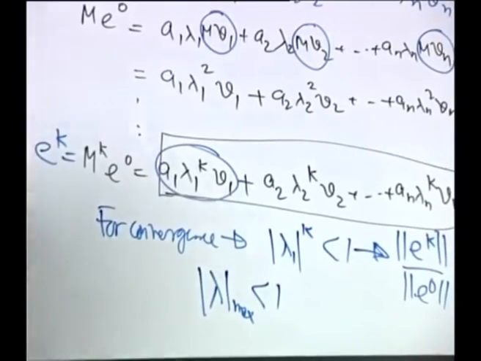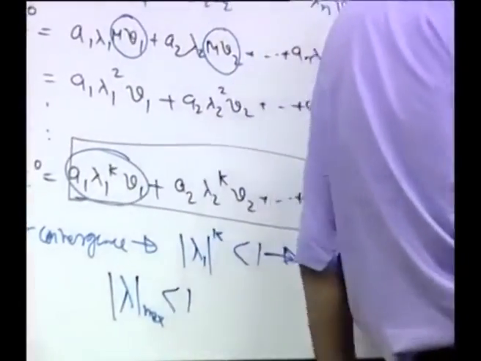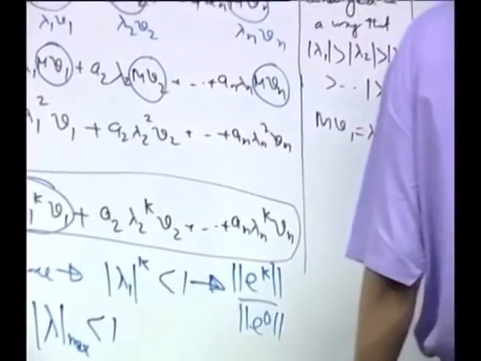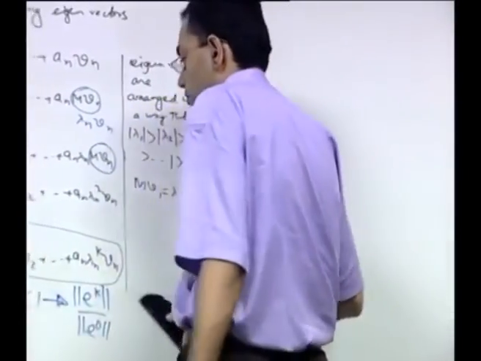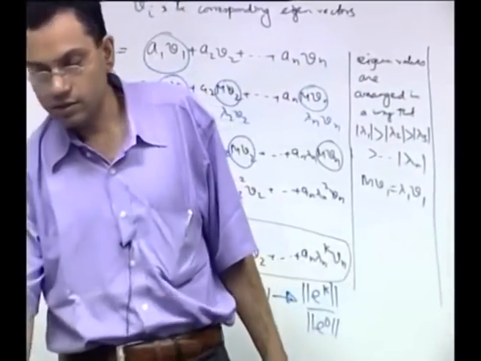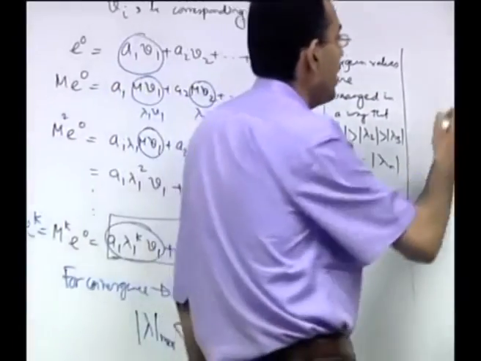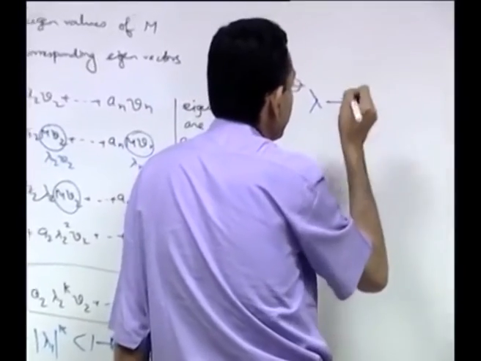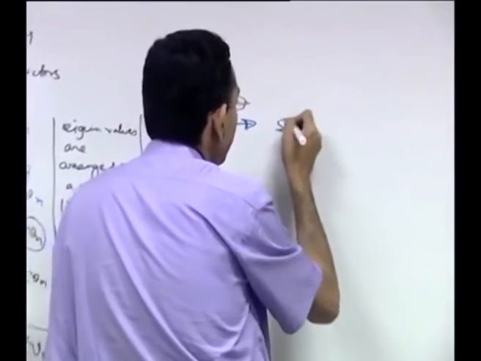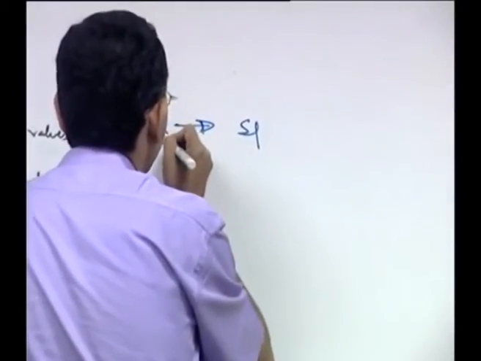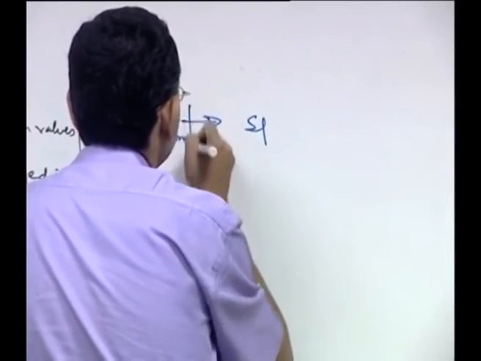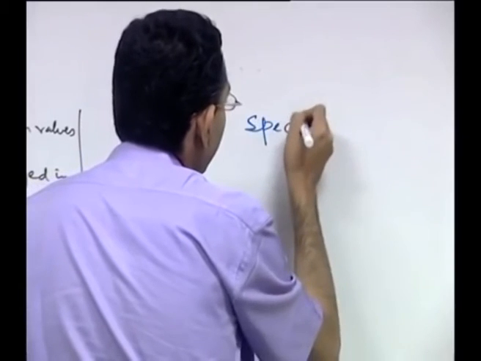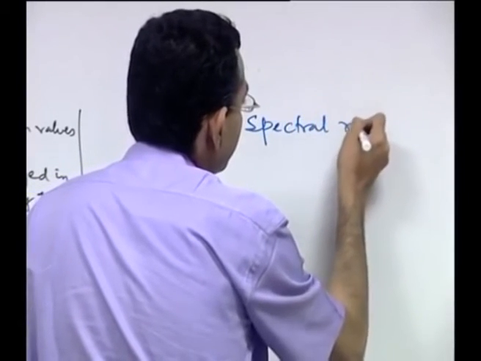There are certain important things that need to be noted in this context. First of all, this mod of lambda max is called the spectral radius, or the spectral radius of convergence.